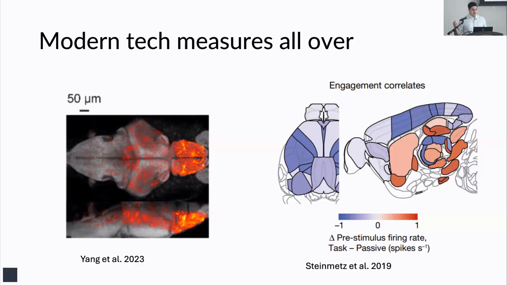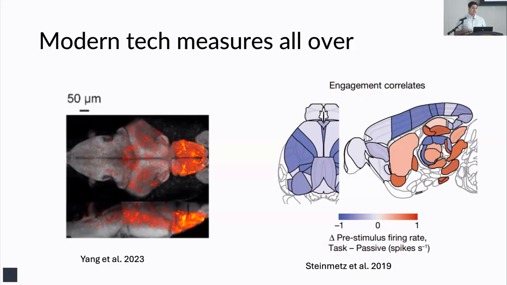The color represents how much of the location of the fish in the world is being encoded. I won't worry about the details of this experiment. Needless to say, there is a quantity that you can measure that tells you how much that particular cell is responsible for keeping track of where the animal is in the world. And you can see that these dots are everywhere. The red is everywhere in the brain. It's concentrated in one location, but it's everywhere in the brain.